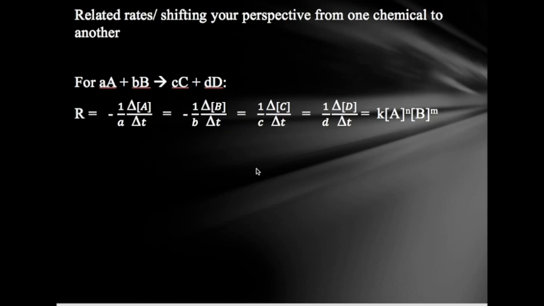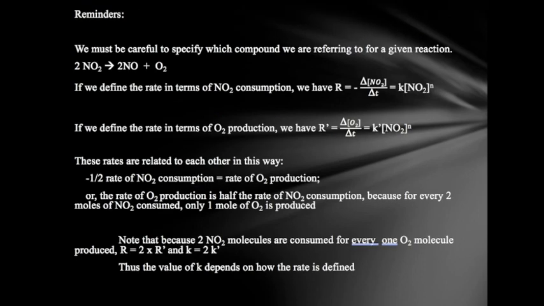So to relate rates, to shift your perspective from one chemical to another, all you have to do is set the rates equal to each other and then put 1 over the stoichiometric coefficient. 1 over little a times the rate of A is going to equal 1 over little b times the rate of B. So here's an example of all of this. This is a little bit of a complicated, confusing slide, but let's take it piece by piece.